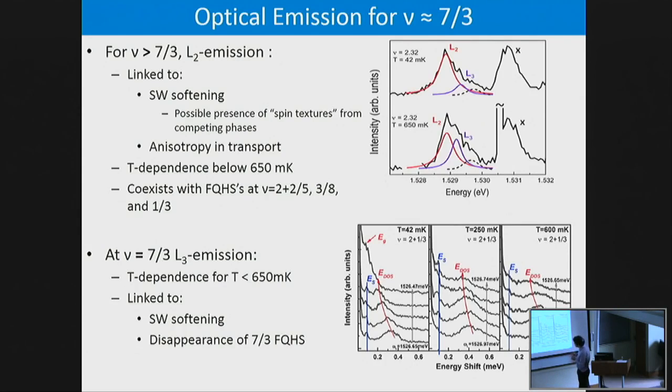mode was shown in the paper by Rostaro et al. to arise really from charge modes of the 7/3 state, and so as this decreases, this vanishes, and the L2 decreases and the L3 increases in intensity.